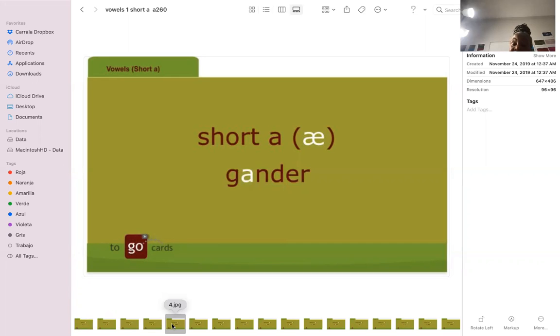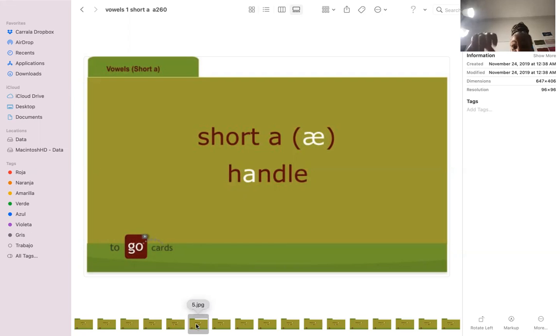Gander, if it's good for the goose, it's good for the gander. So if it's good for one person, it's good for the other. Handle, which comes from the word hand, because when you have a handle on something, you are holding it by a handle, by a thing.